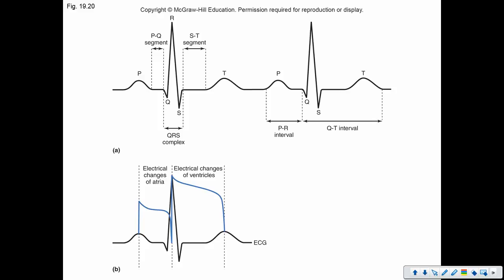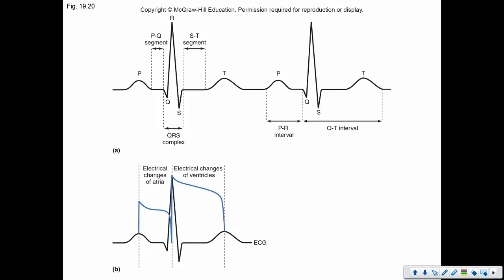Now you might be wondering, what's the difference between an ECG and an EKG? The difference is one letter, ECG versus EKG. An ECG and an EKG are exactly the same thing.